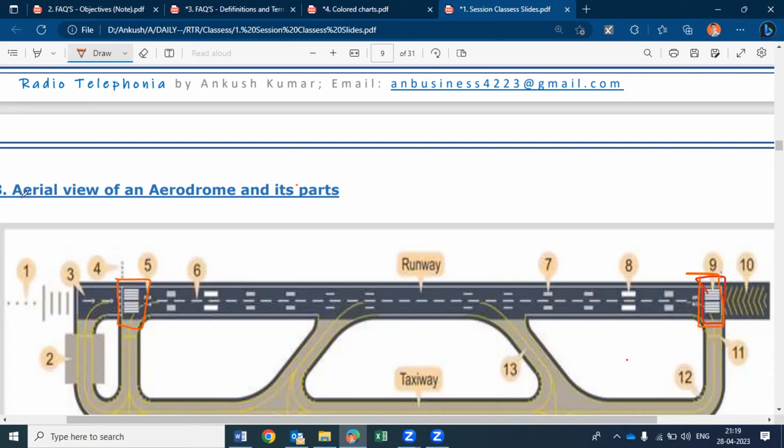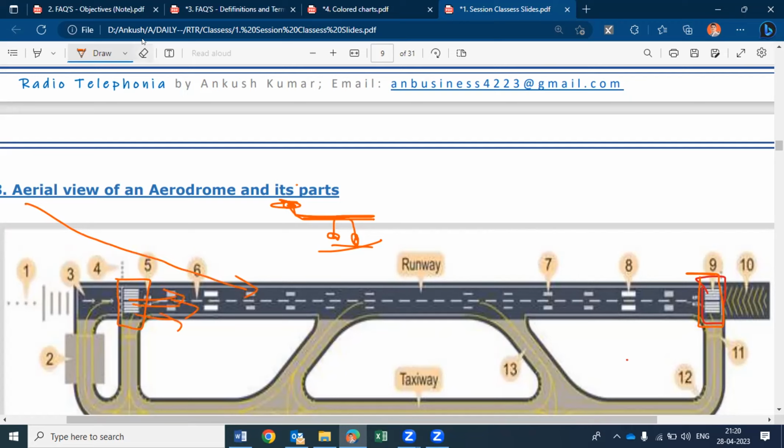Touchdown point. If aircraft is about to land, the aircraft can touch their landing gears on or after this touchdown point.